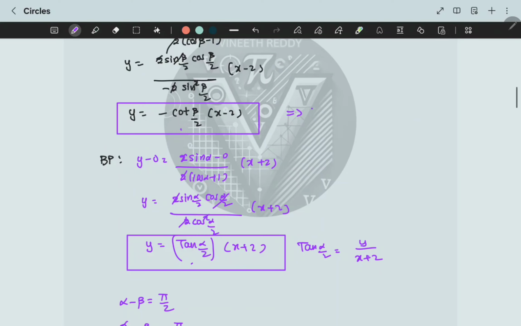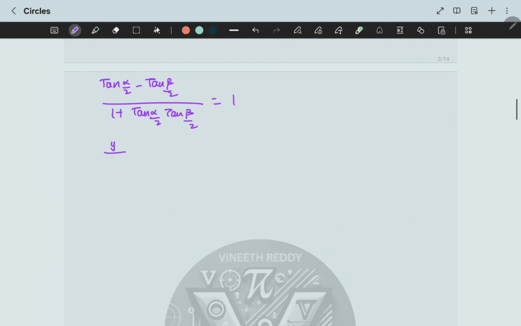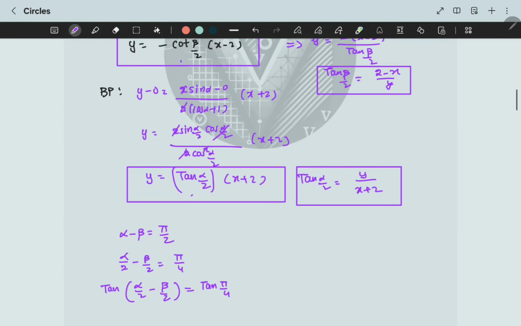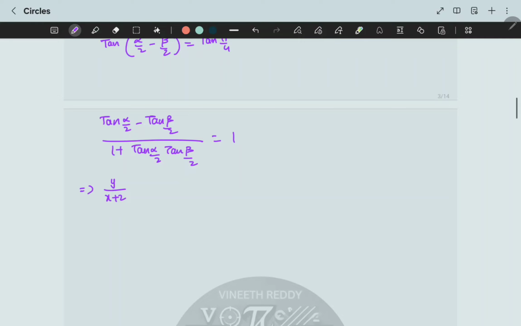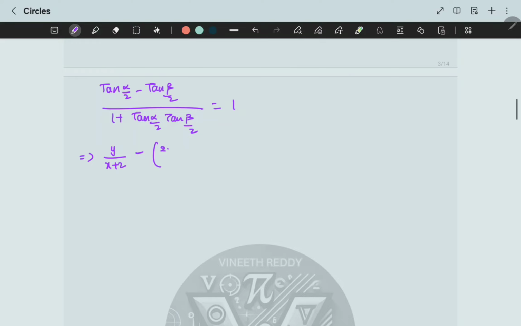And here if I write this as y is equal to minus of x minus 2 divided by tan beta by 2, so tan beta by 2 should be 2 minus x by y, right? This will also be useful. So tan alpha by 2 is known, tan beta by 2 is known. Tan alpha by 2 is y by x plus 2. Let me write down y by x plus 2 minus tan beta by 2, which is 2 minus x by y, by 1 plus.